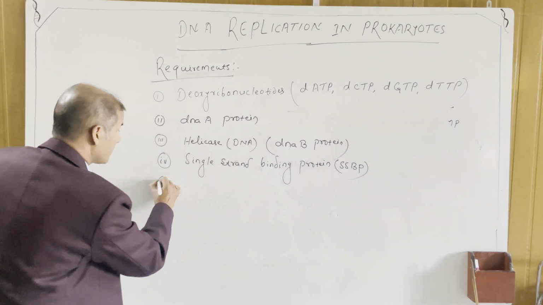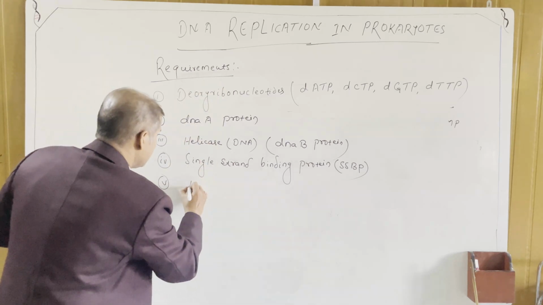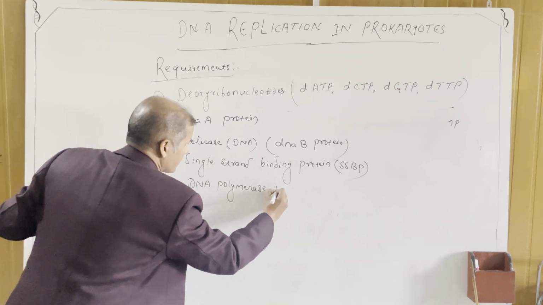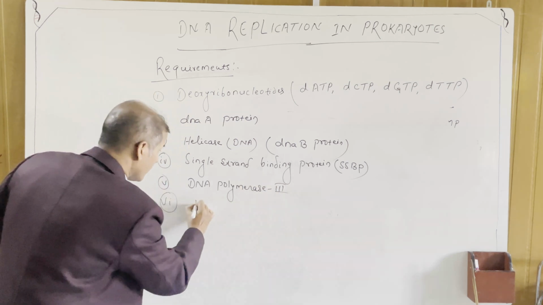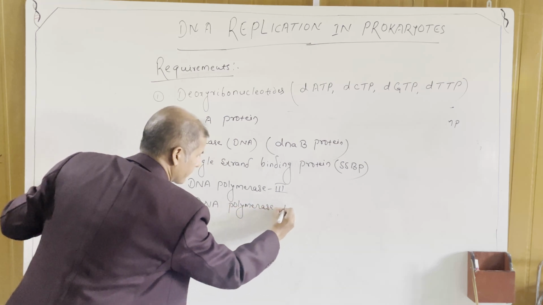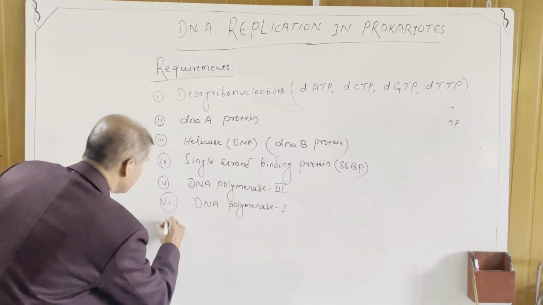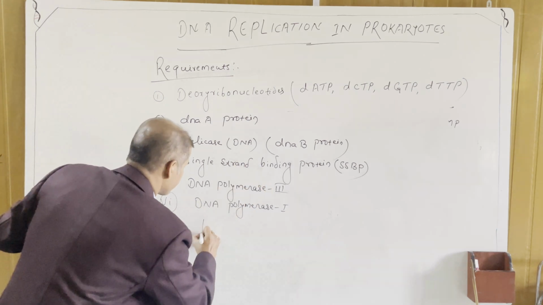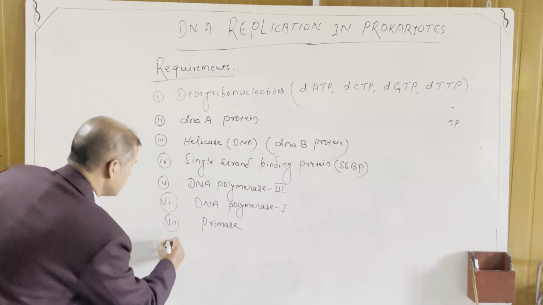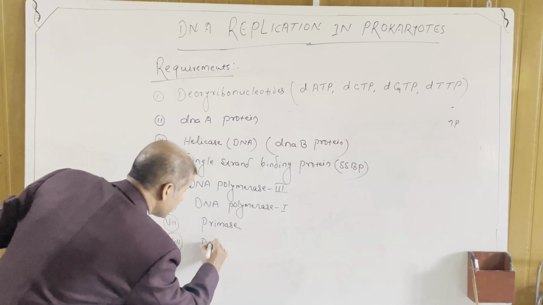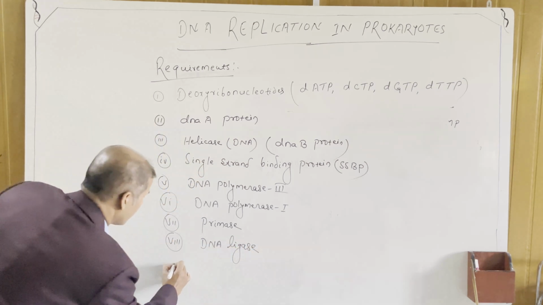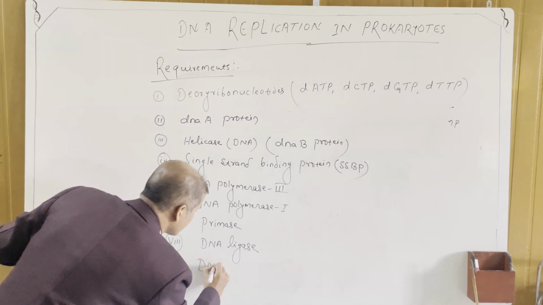Then there is need of DNA polymerase 3, then DNA polymerase 1, then the primase enzyme, then DNA ligase, and last but not least, topoisomerase, that is DNA topoisomerase.